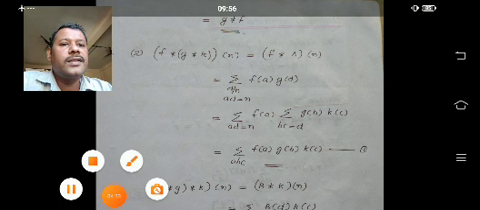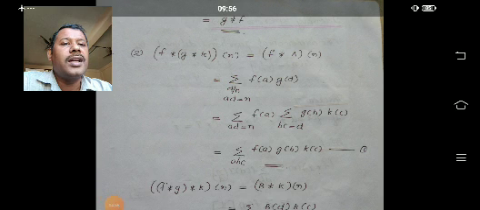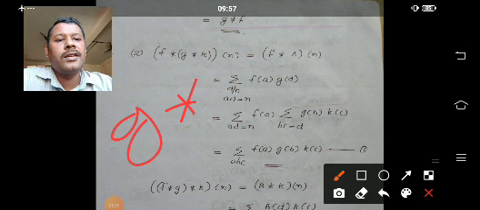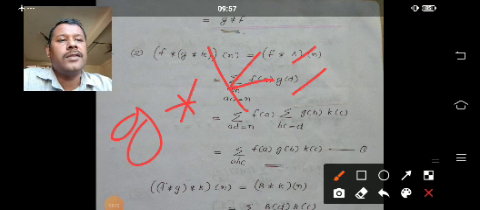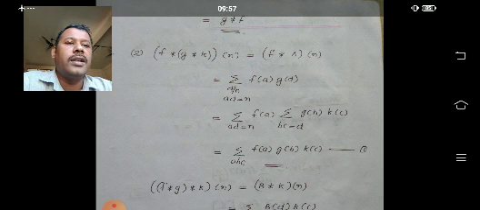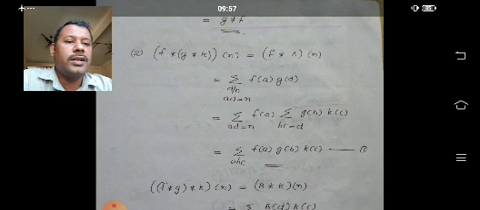Next, second case, ((f star g) star k)(n). First we choose g star k equal to some other variable A. Then (f star A)(n).